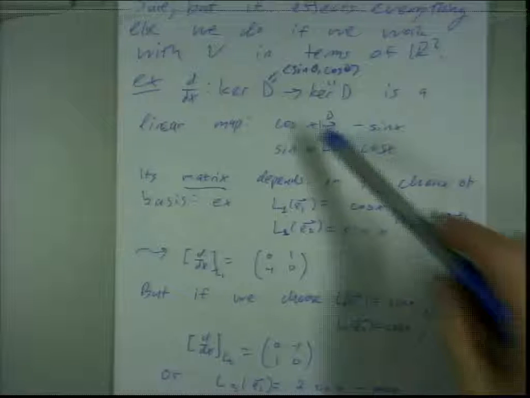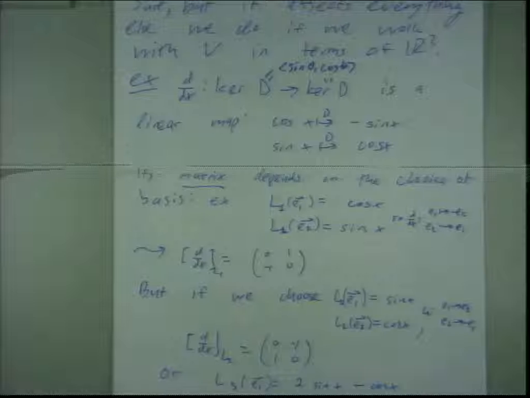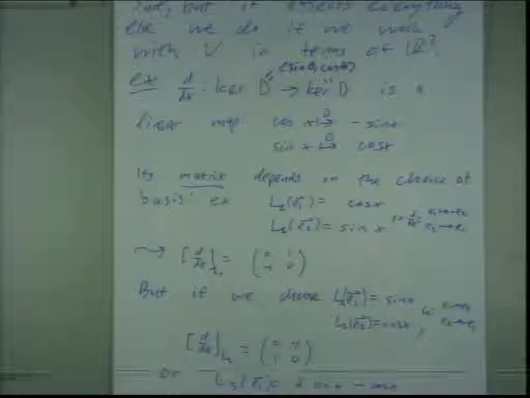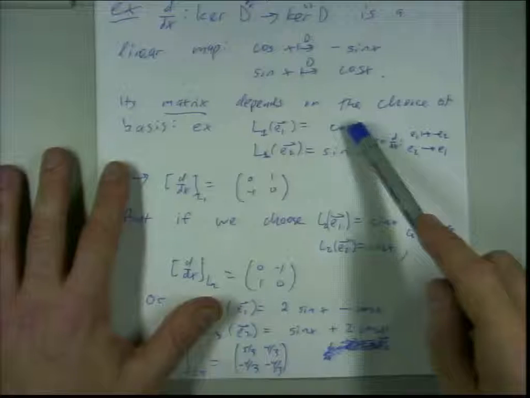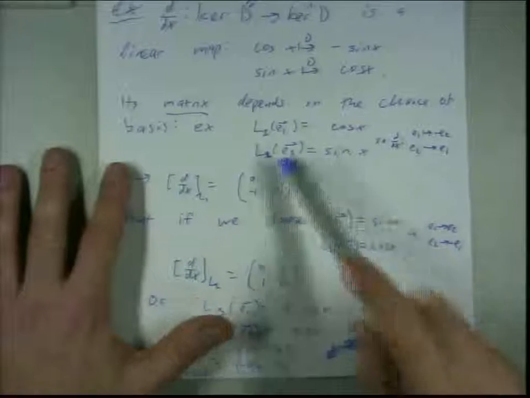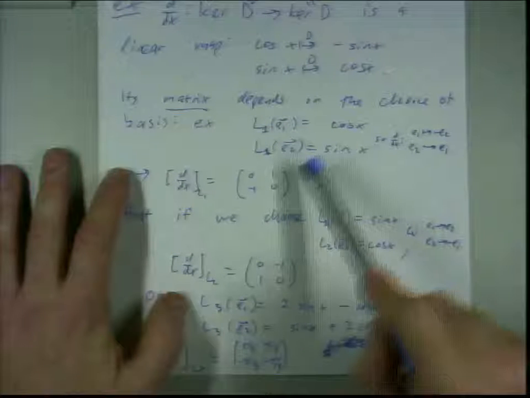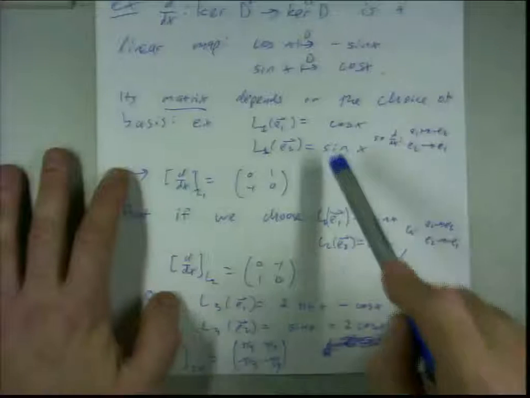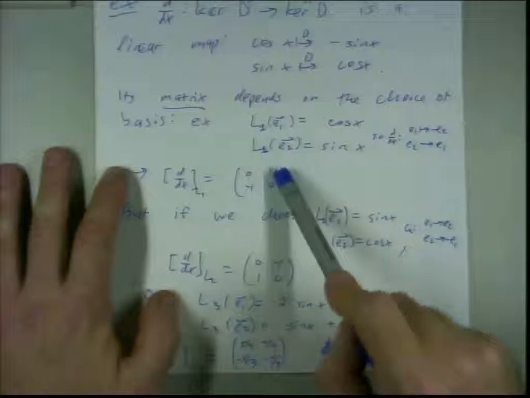I can ask, what is the matrix for this linear map of R2 to itself? Well, it depends on the basis you choose for the vector space. For instance, if I chose cosine to correspond to E1 and sine to correspond to E2, I would get this matrix, because cosine goes to minus sine, and sine goes to cosine.